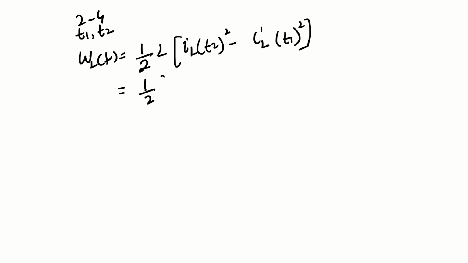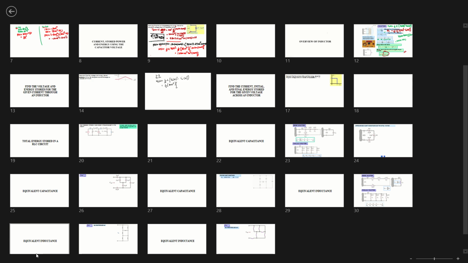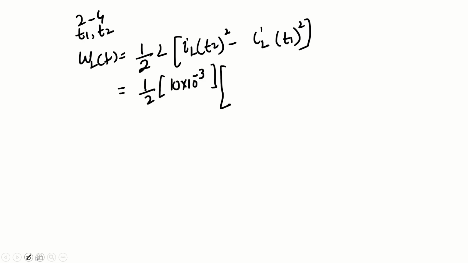The inductor value is 10 millihenry. We need to find the current at T2, which is 4 milli, squared, and the current at 2 milli, squared.